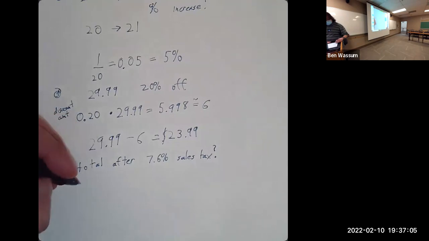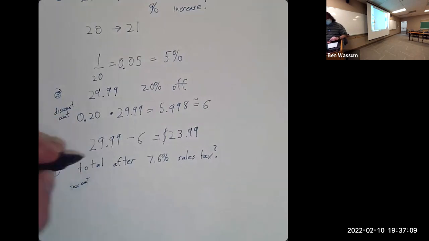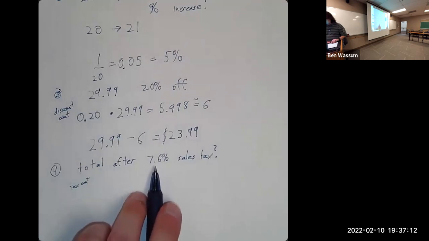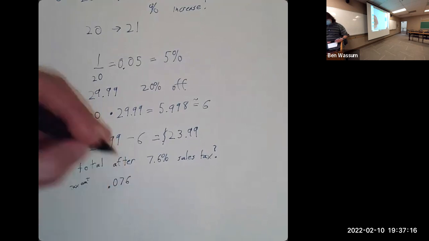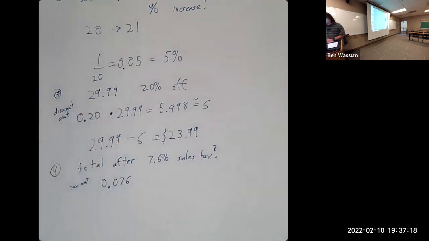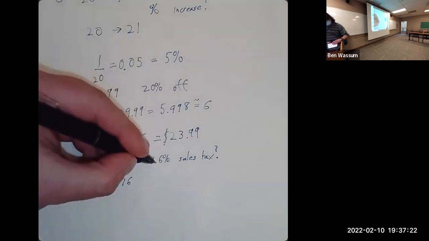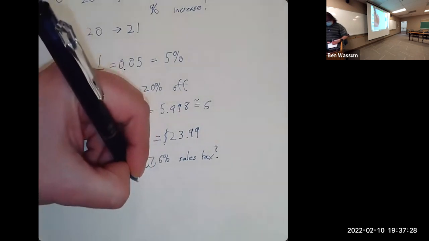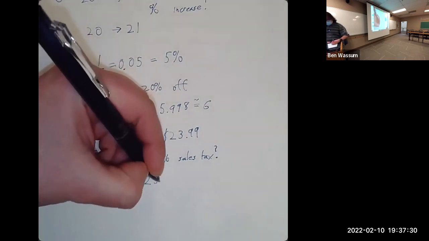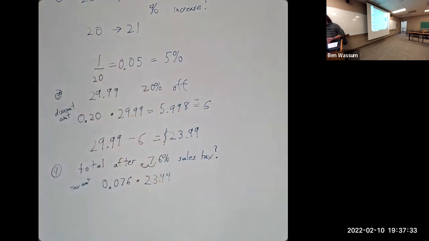So we figure out what the tax amount is. We take that 7.6%, convert it to a decimal. So it moves over to the left twice. You end up with 0.076, right? Because remember, we're doing that. And we multiply that by the $23.99 that we got in the previous problem.